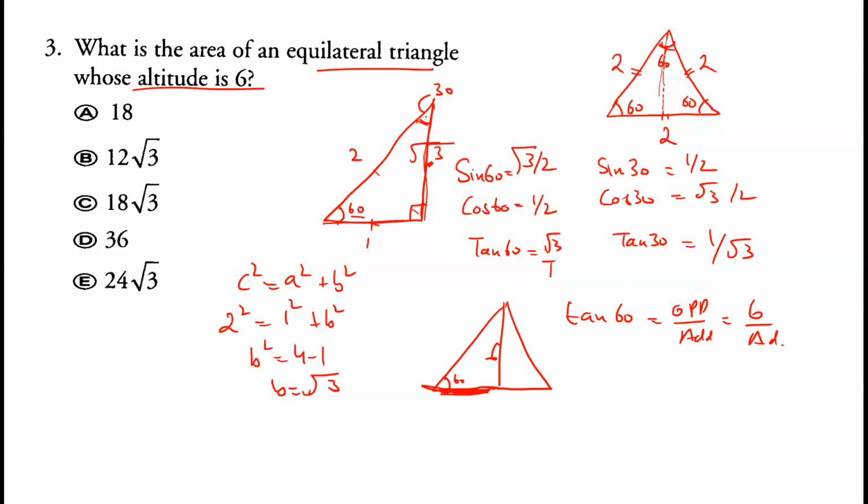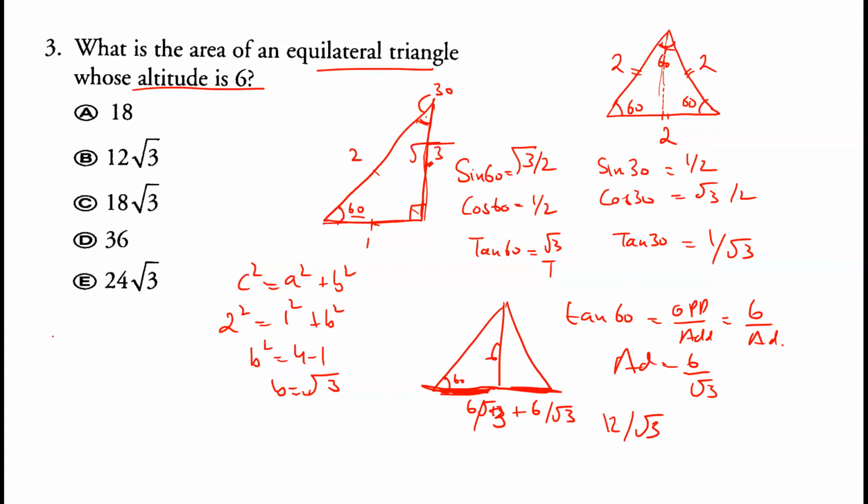So tan 60 is root 3, so adjacent equals 6 over root 3. So this side is 6 over root 3, and this side is also 6 over root 3. So 6 over root 3 plus 6 over root 3 would be 12 over root 3.